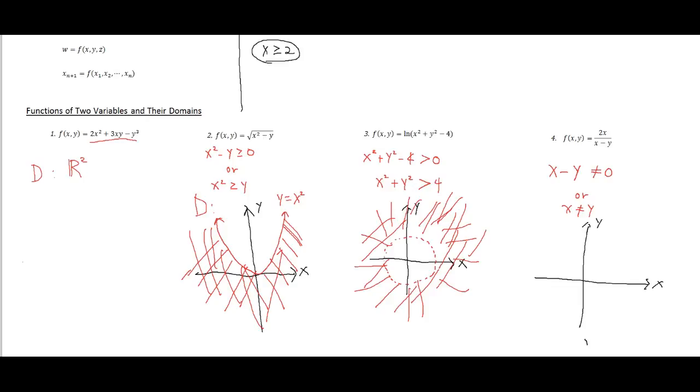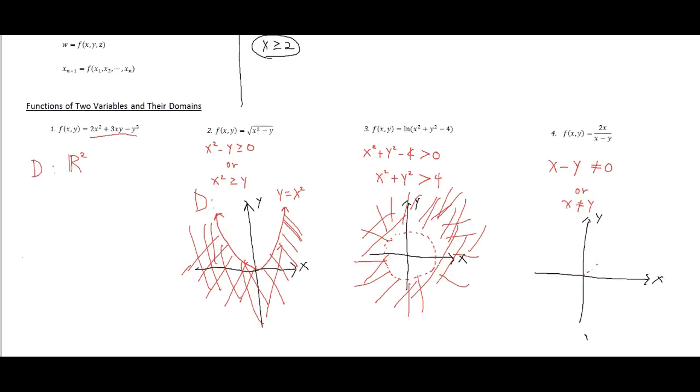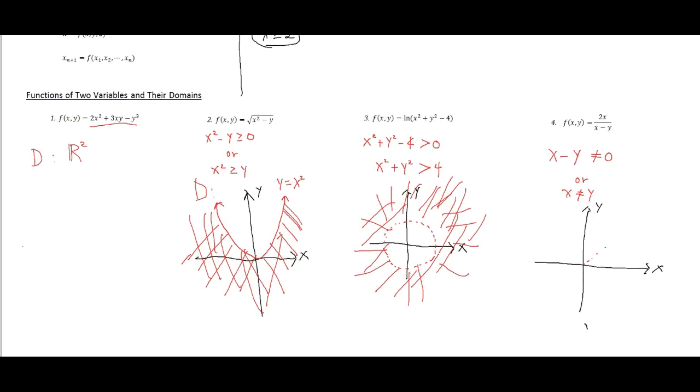And this is going to be pretty hard to actually draw, but every point where x equals y is going to be on this line given by y equals x. So the domain is going to be every possible point that is not on this line.